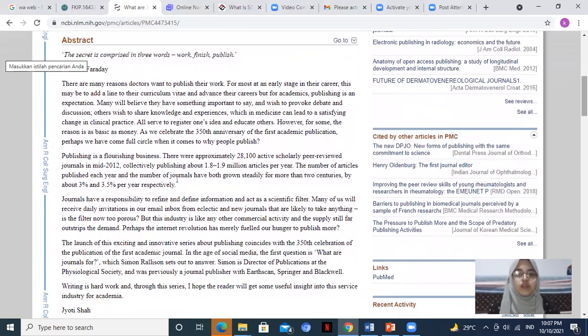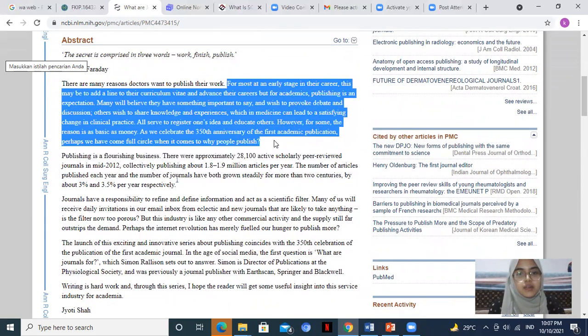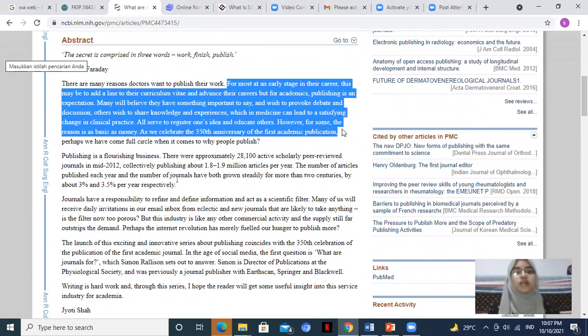I found the answer here in the first paragraph, from the first line until the fifth line. Excuse me, until the sixth line.